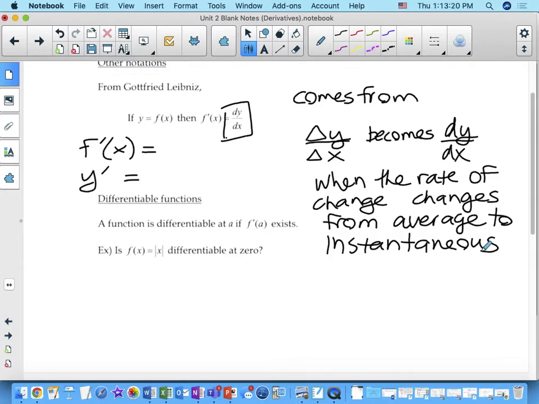Now, derivatives don't exist everywhere. Okay? So if a function is not continuous everywhere, it's not going to be differentiable where there's a point of discontinuity. Okay?